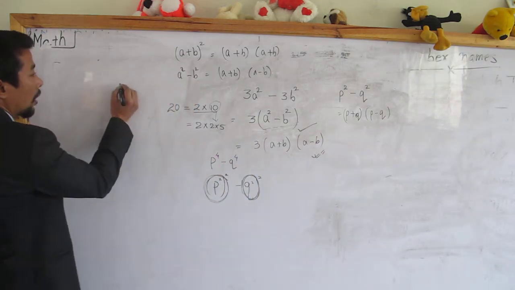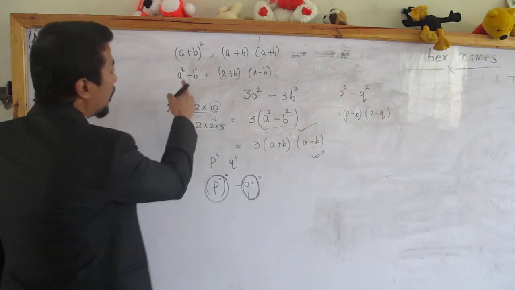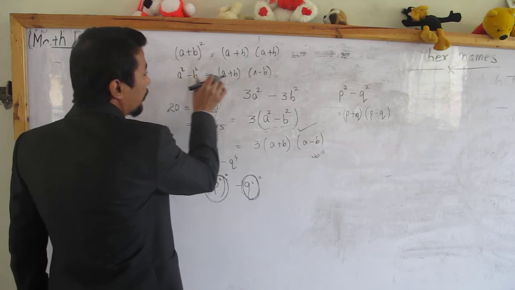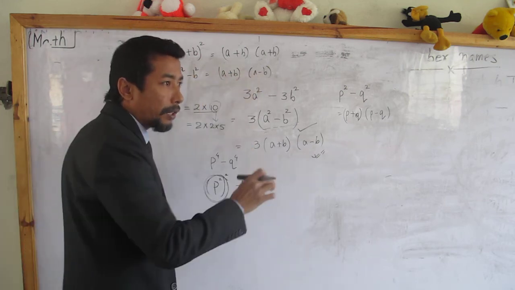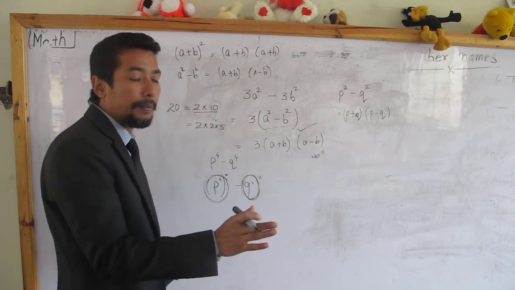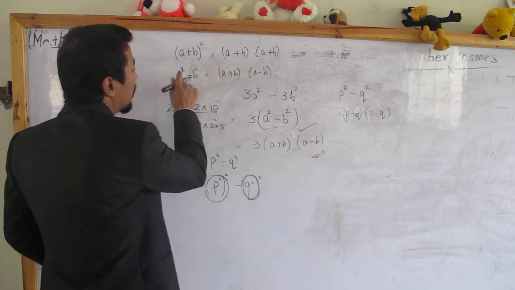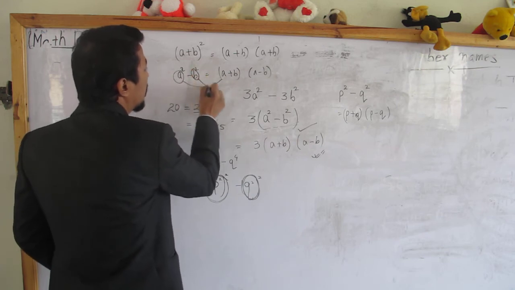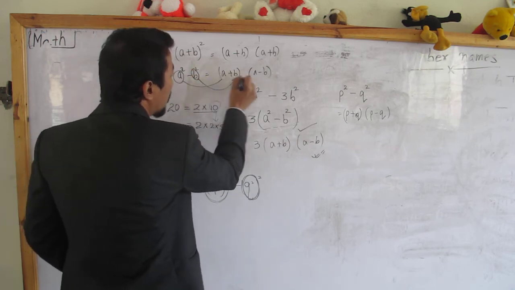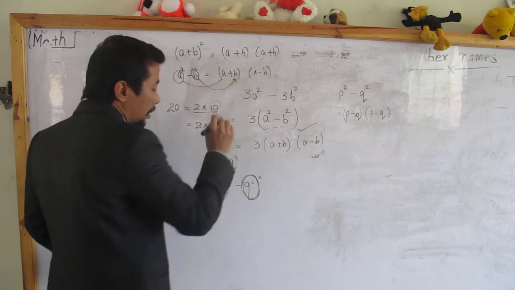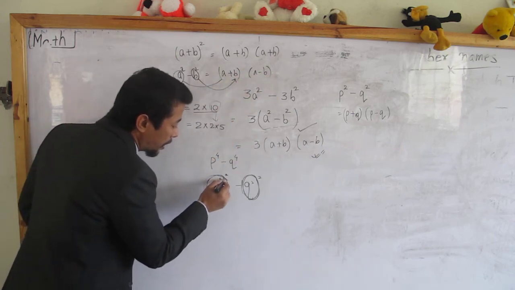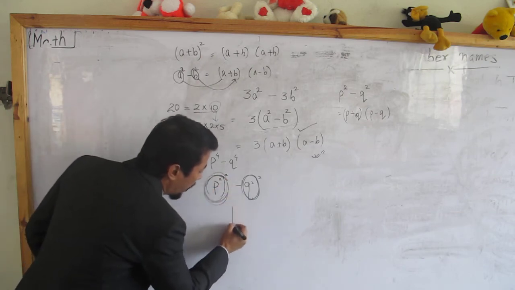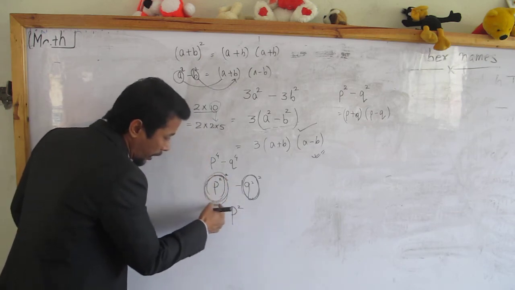Okay, the formula was a square minus b square. When we put it in factor form, there is no square sign. What we have is a. Whatever was here came here, and similarly this thing came here. So this whole thing becomes our a.